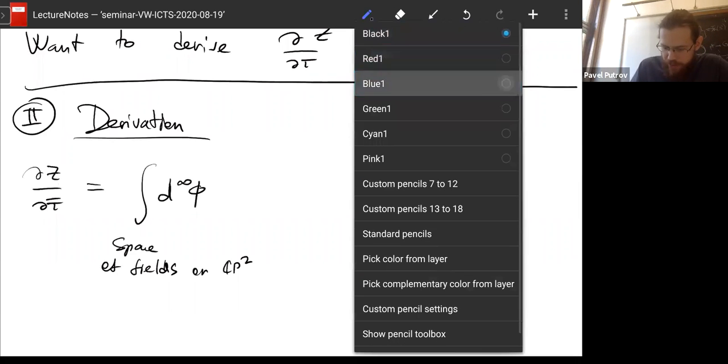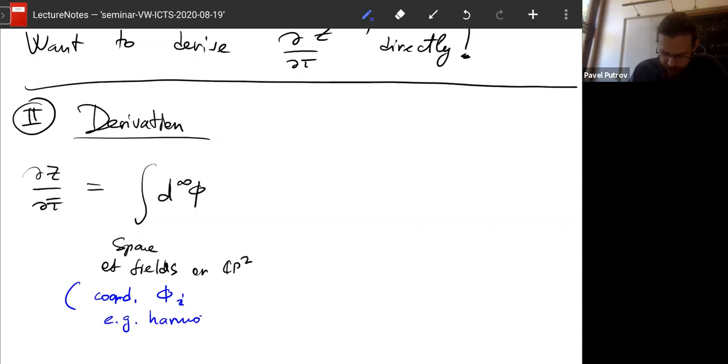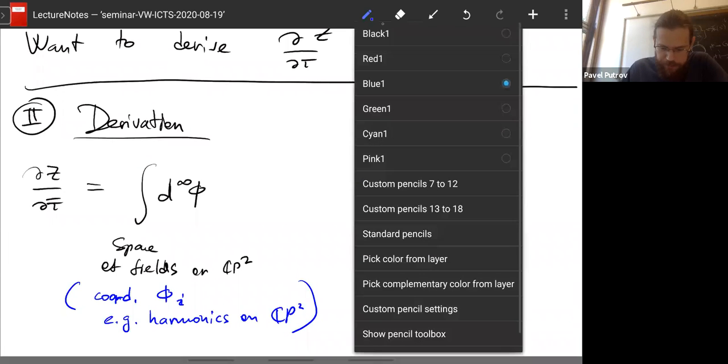As usual, one can imagine that this is treated roughly as if it were a finite dimensional integral. In particular, one can introduce some particular coordinates, let's say phi I. For example, one can think about them as some sort of harmonics on CP2 of our fields if we do a harmonic analysis.